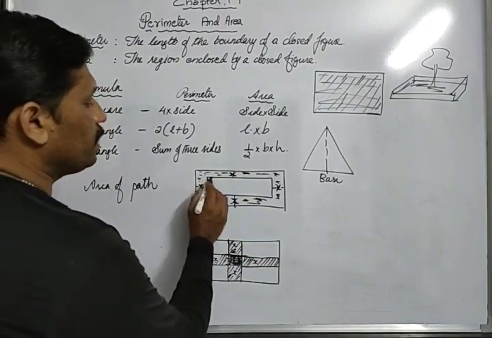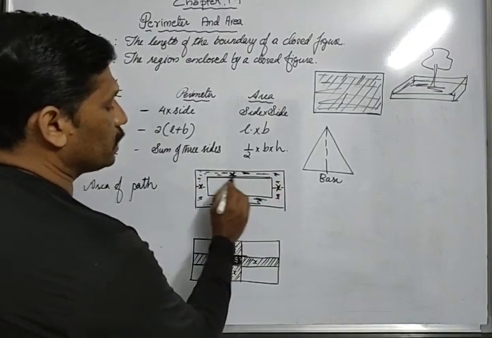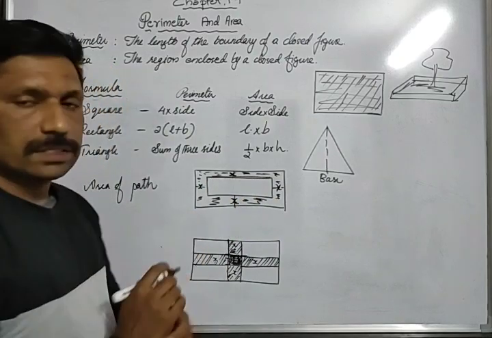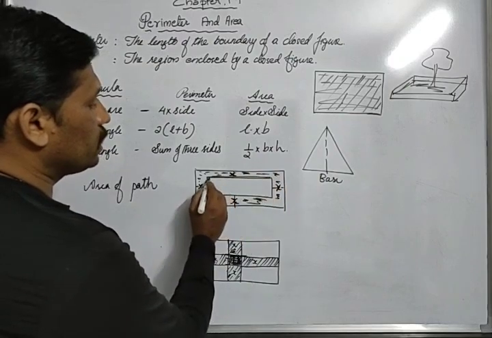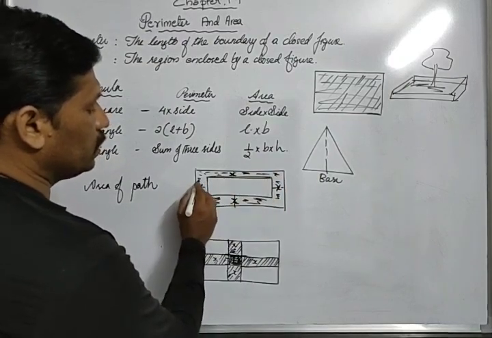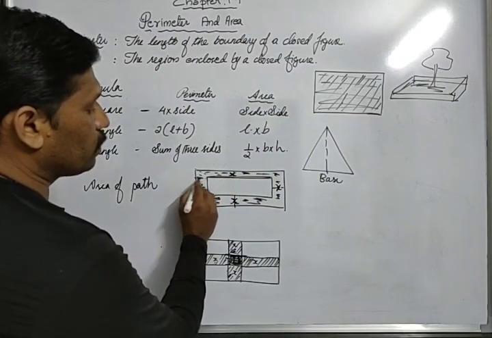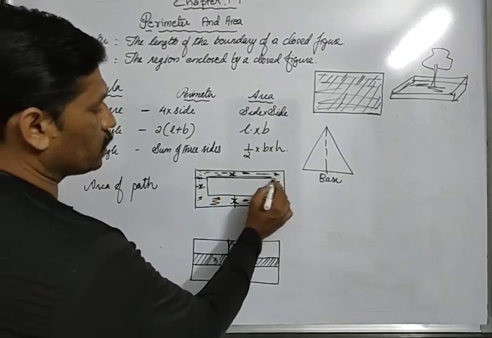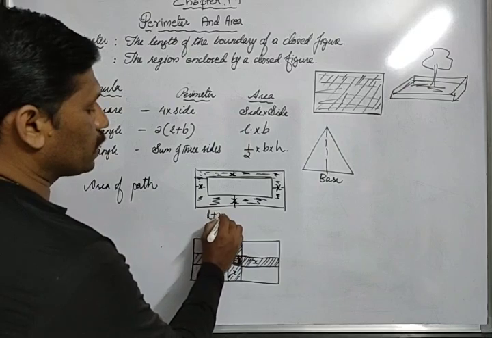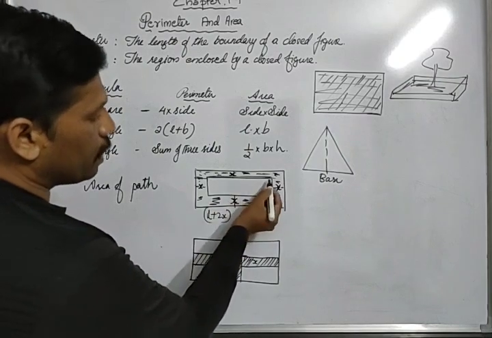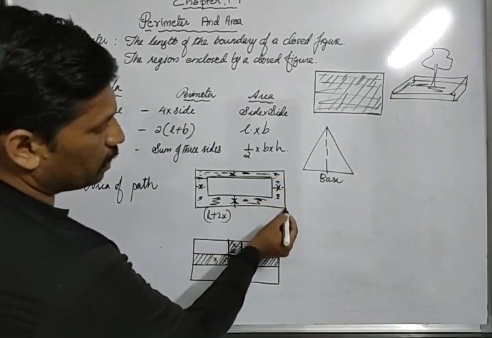Area means length into breadth in a rectangle. So the outer rectangle length is length plus 2x. This width of the road is x, and here also x, so 2x. That means L plus 2x into the breadth of the outer rectangle.